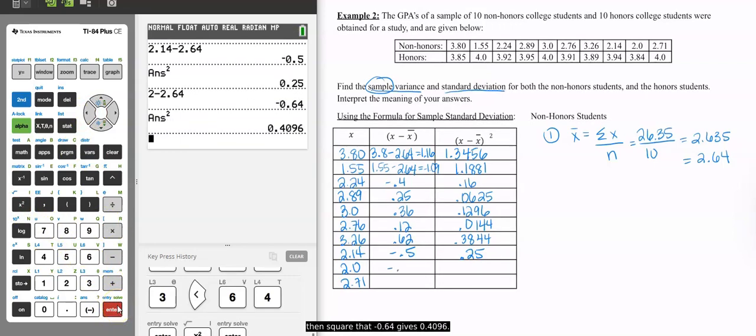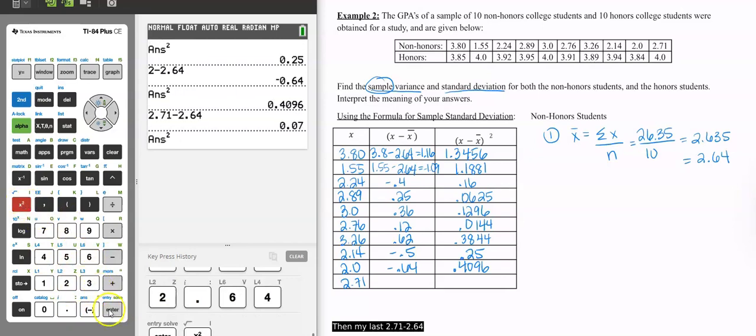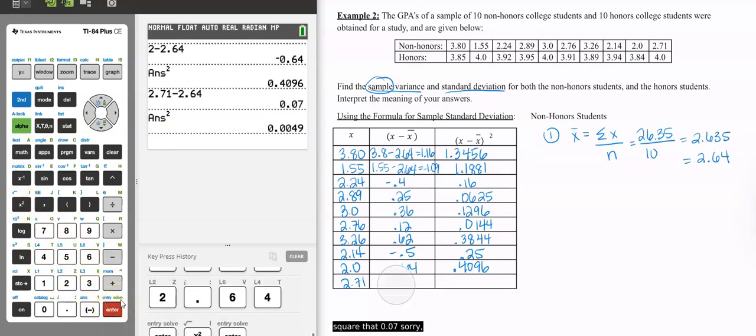So negative 0.64, 0.4096, and then my last one, 2.71 minus 2.64, and I'll square that. So 0.07, 0.07, sorry, this one was negative 0.64. My eraser got that. So 0.0049.